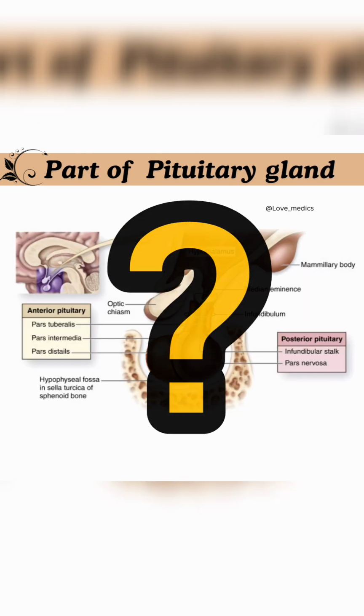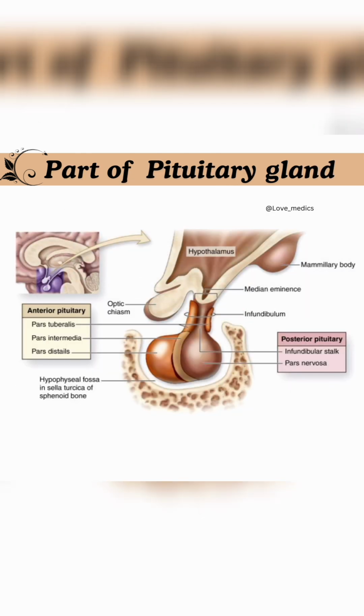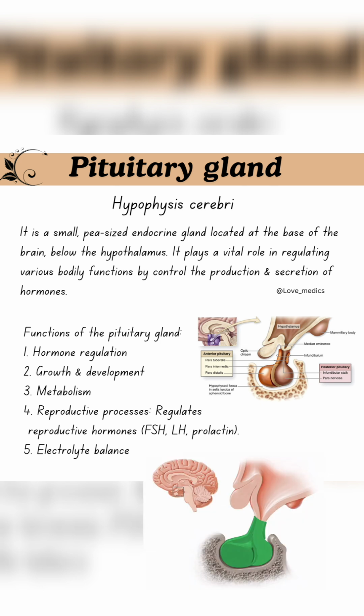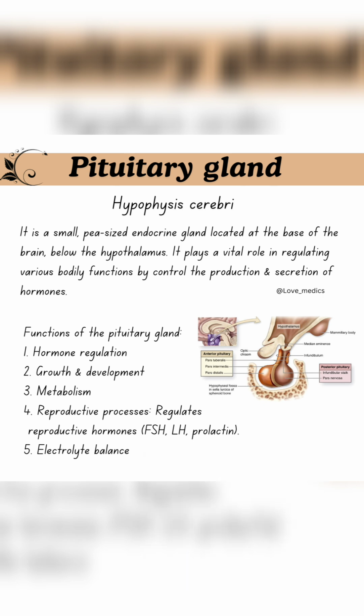Okay, why should we know about the hypothalamus in this topic? Because the pituitary gland is located below the hypothalamus, that's why we saw the hypothalamus. Now, pituitary gland. It is also called hypophysis cerebri.